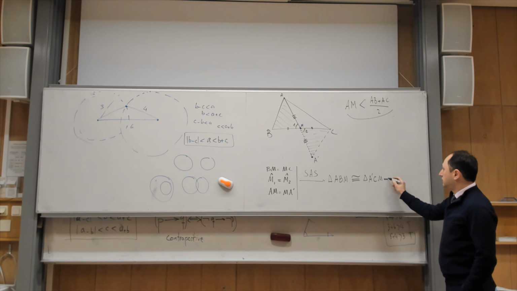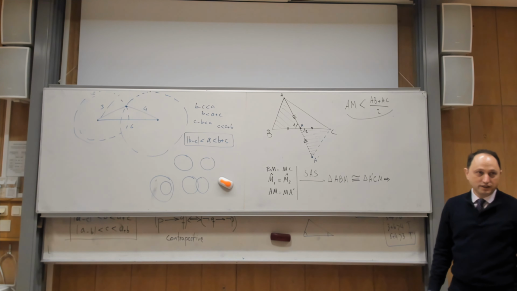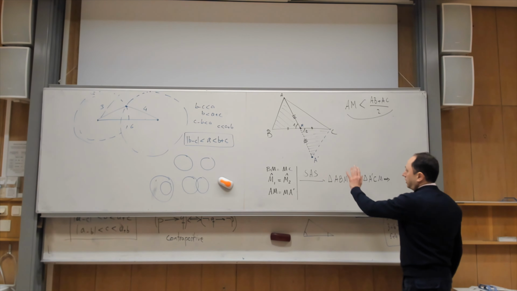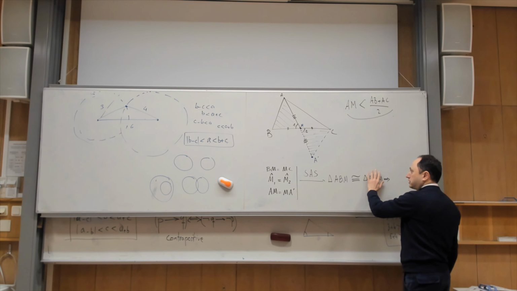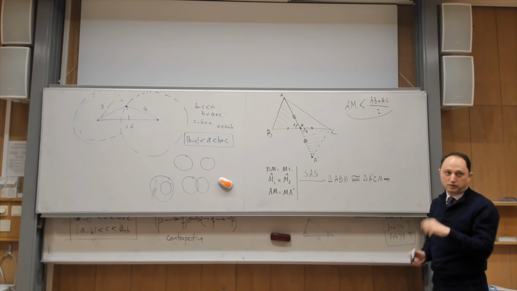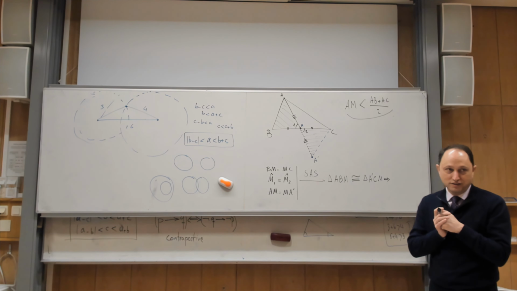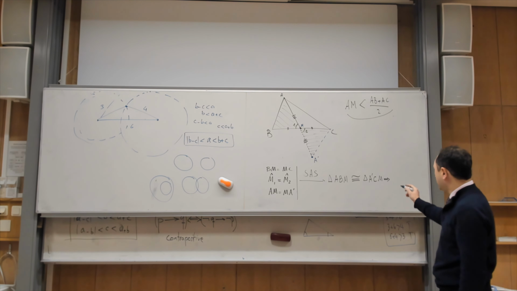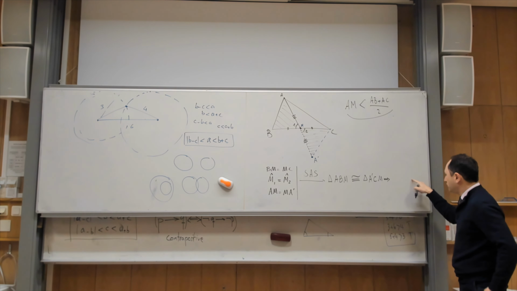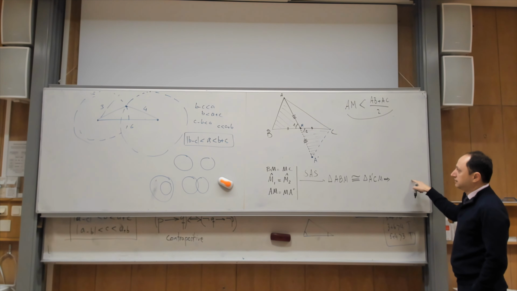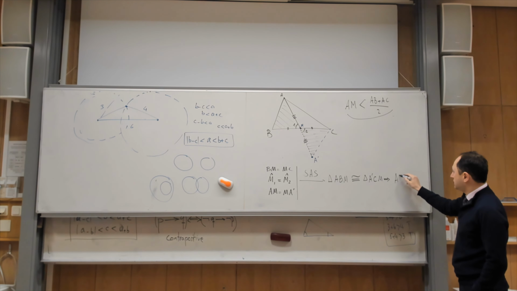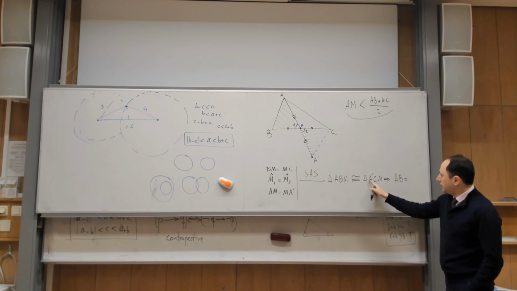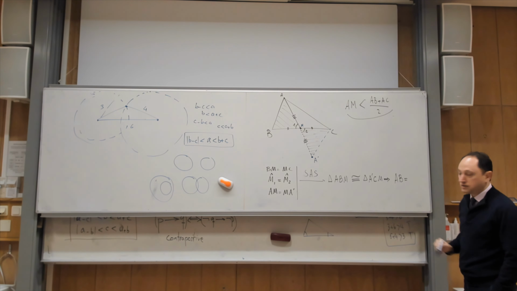You can conclude any part of this triangle is equal to the corresponding part of this triangle. Might be I don't need all of them, I need one of them. What is that one, Oscar? What part do we need? I mean, I can conclude different things, but what do I need here? AB is equal to A prime C. Exactly. Yes?